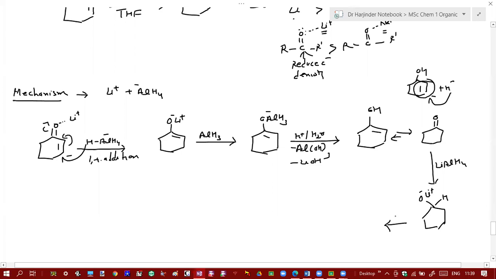And then in the presence of AlH3, this will be OAlH3 minus, and finally upon hydrolysis, this will give rise to cyclohexanol.